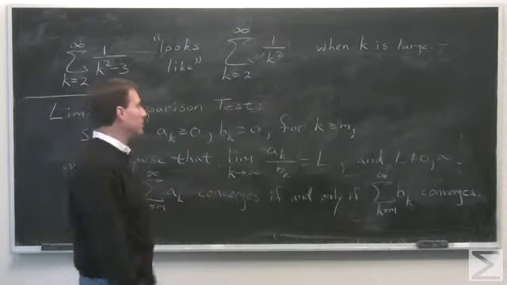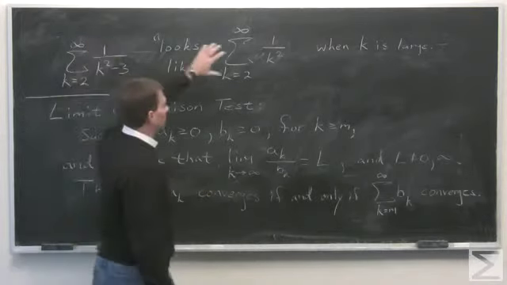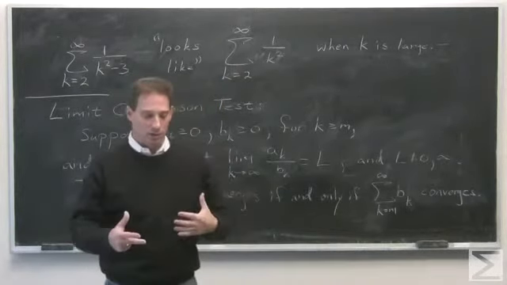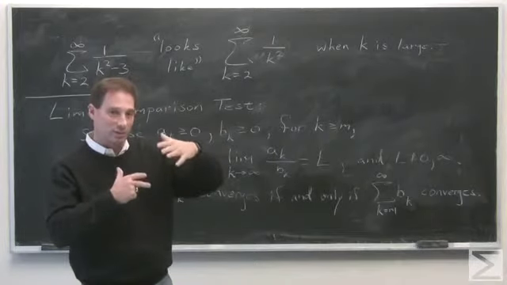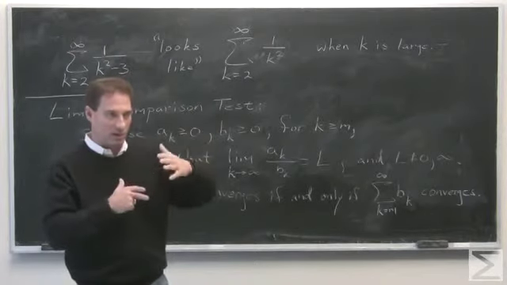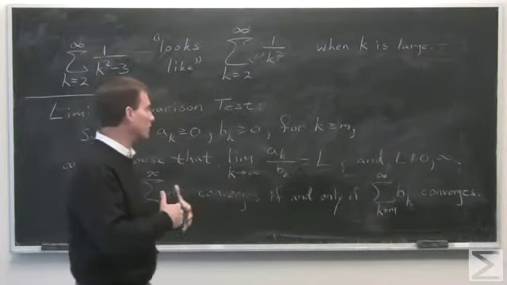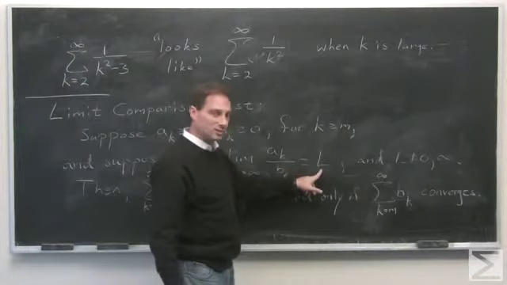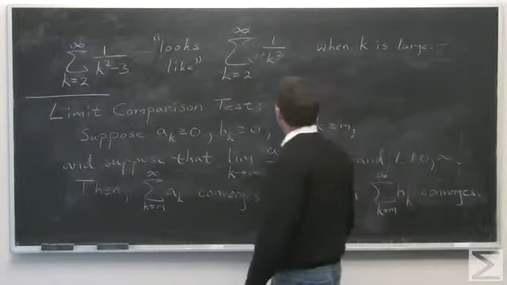But what you expect it to come out to be is 1, because when you say that when k is big, this looks like this, what you should be meaning is the ratio of the two things looks the same when k is big, which means their ratio should be 1, or getting closer and closer to 1 as k gets bigger. So what you expect in the limit comparison test is to get a 1 here. You don't have to, but it's what you expect.